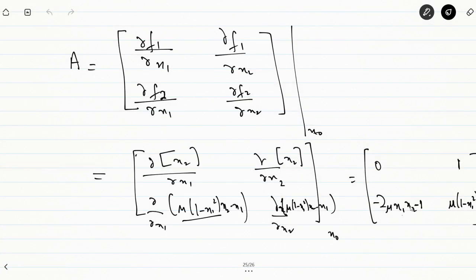This will simply reduce to, once you substitute x1 equal to 0, x2 equal to 0, this will be 0, 1, this will be -1, and here x1 is 0, this will be mu only. So A matrix will be 0, 1, -1, mu. Mu, sorry.